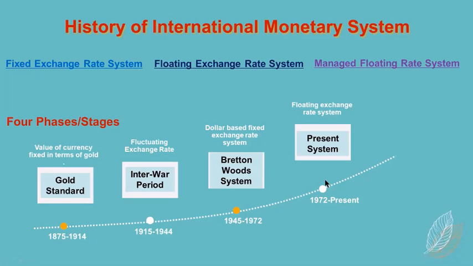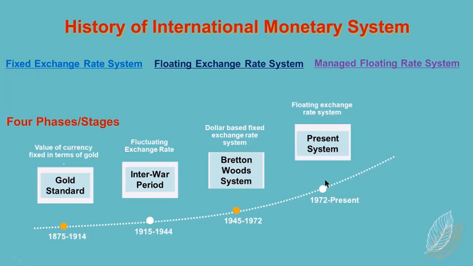And over the period, some of the nations went with a managed flexible rate system, or managed floating rate system. That is, the currency value is normally determined based on the movement of demand and supply, and the government or the central bank can intervene if some situation requires that. That's actually the managed floating rate system.